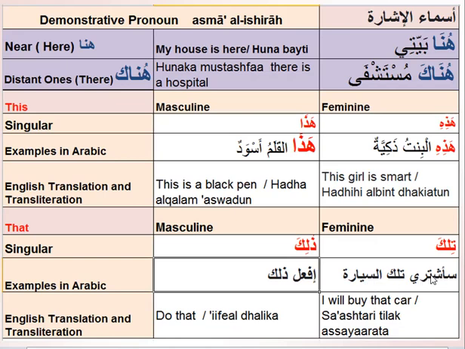Sashtari: when you prefix sa to any action verb, it means future tense. Tilka means that, and as-sayyara means car. So this is how we use these demonstrative pronouns. Thank you for watching and listening patiently.